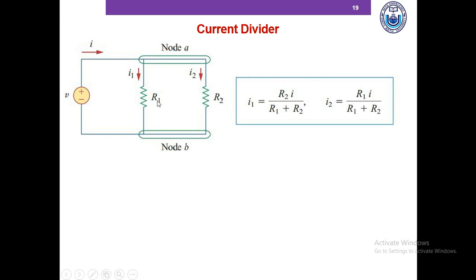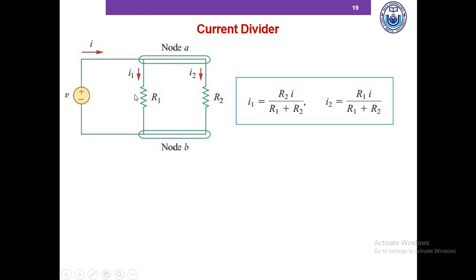So let's say we have two resistors R1 and R2 in parallel, and the current through R1 is I1, and the current through R2 is I2, and the current that's entering here is I. So if we know I, R1 and R2, current divider tells us how to find I1 and I2. So I1 is equal to R2 by R1 plus R2 times I, and the current in the R2 branch, I2, is R1 by R1 plus R2 times I.